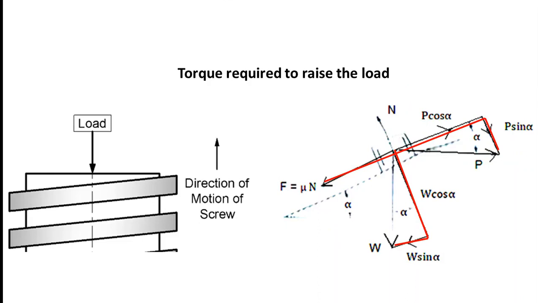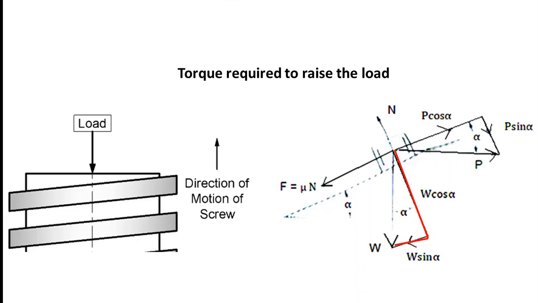Now, this is the diagram that we need to note down. We are going to resolve the components of the effort P and W. If P is going to act horizontally, then you can see this is P cos alpha and this is P sin alpha, so it becomes a right angle triangle.